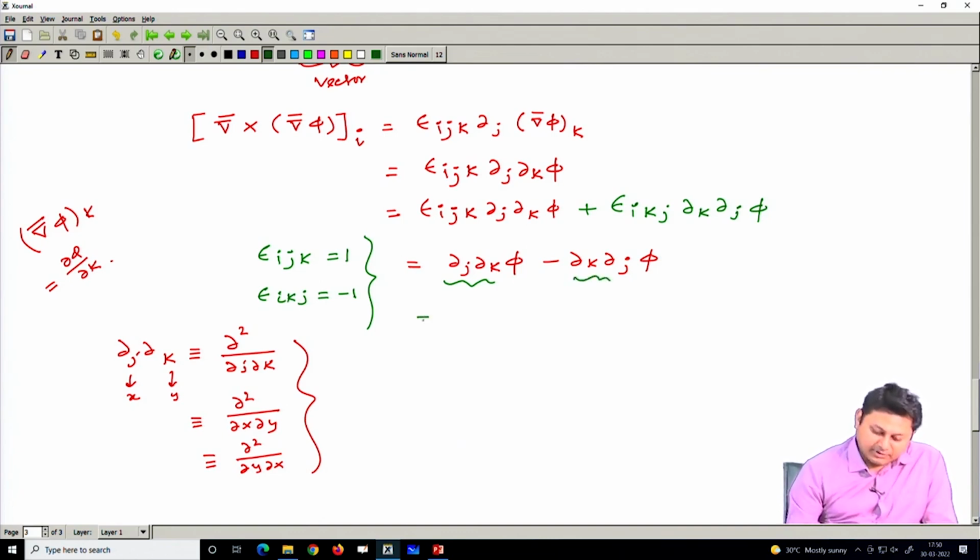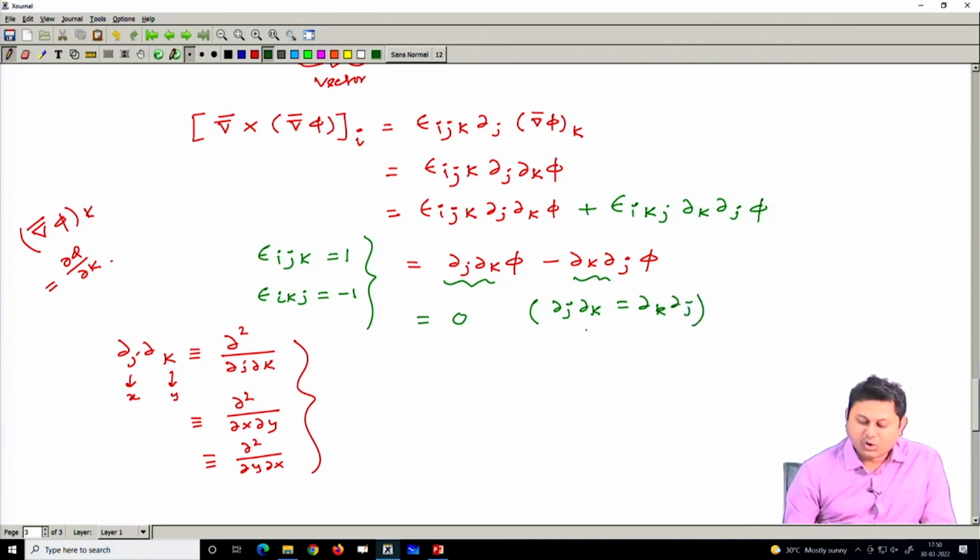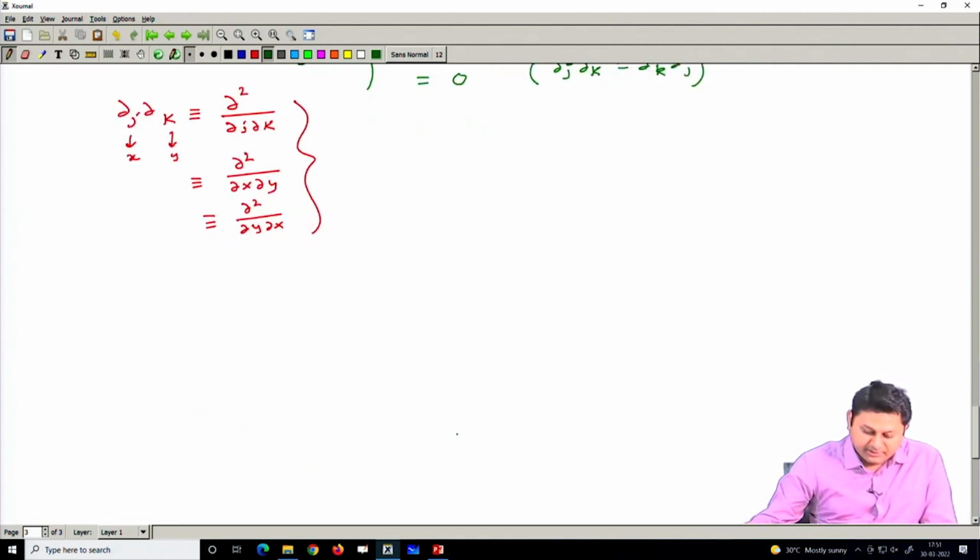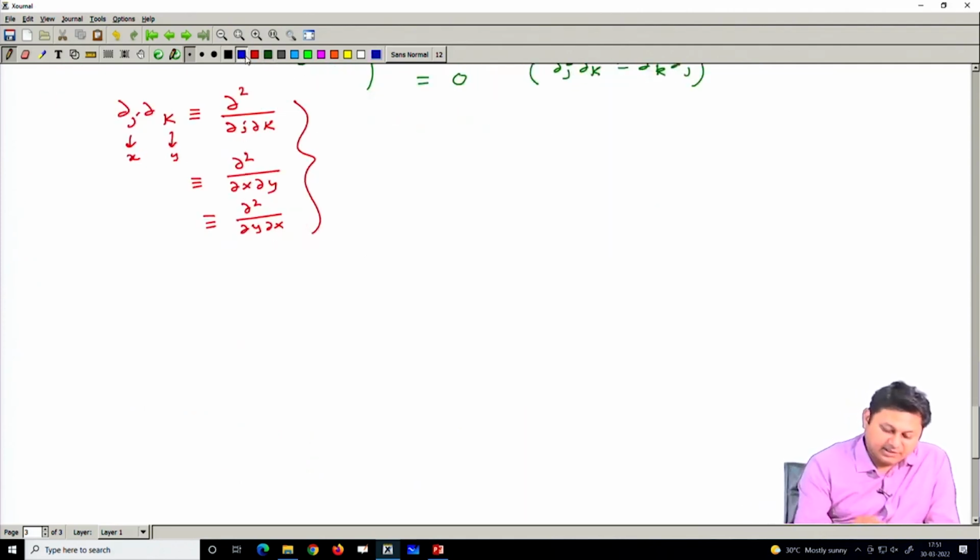So, I can simply have this equal to 0 as del j del k is equal to del k del j. I am making the partial operation, but even if I change the order, it is commutative. So, at the end of the day we will get the same result, and this gives us 0. So, this is in general.